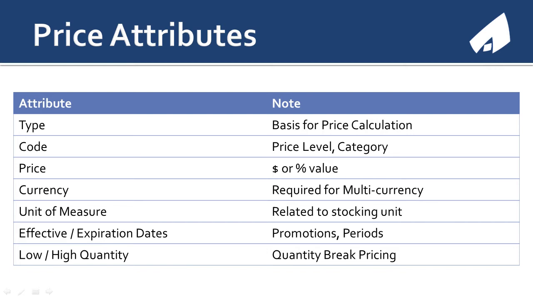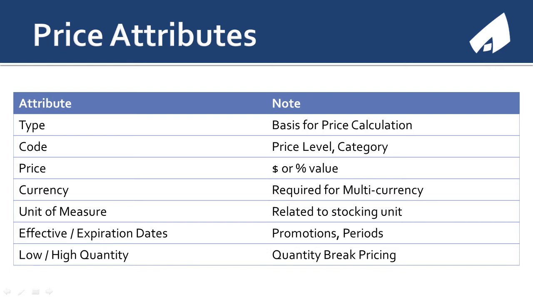If you run promotions, you have the ability to set up effective and expiration dates. On top of dates, you'll also be able to add low or high quantity on the pricing for quantity breaks. Keep in mind you'll need to set it up as follows. The first quantity break would be something like 1 to 10, the second would be 11 to 20, etc. To make sure you cover all price break quantities, if you stop at the 20, you would add another price break for 21 and then not add a high quantity.